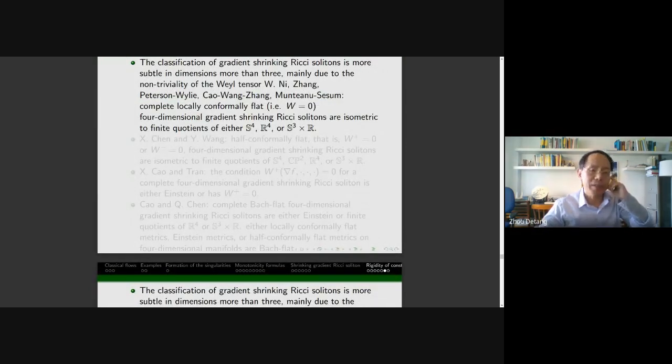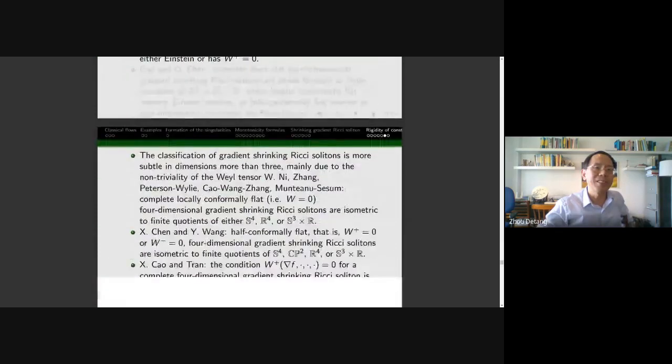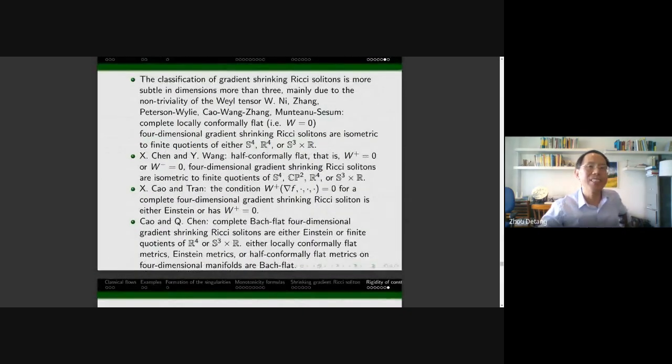Actually, I prepared a list of references here. We try to work with the Weyl tensor. There are many works here, so I just want to show that there is a long list. Because the four-dimensional case is a very special case, many people are interested in this one.